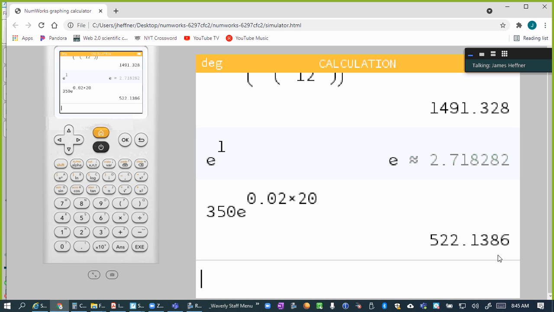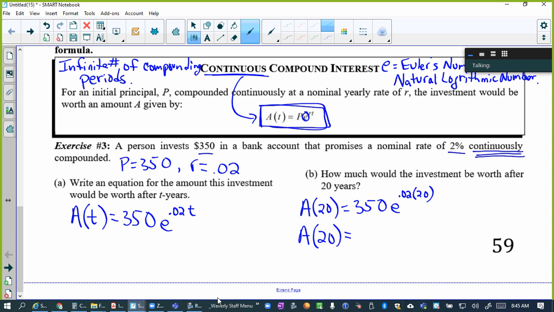Everybody good with that? You got to use that e to the x button on your calculator. Let's just go back and write that in there. So A of 20, you would have $522.14. Okay? Not bad just for sitting on your duff. Someone's just going to give you free money.